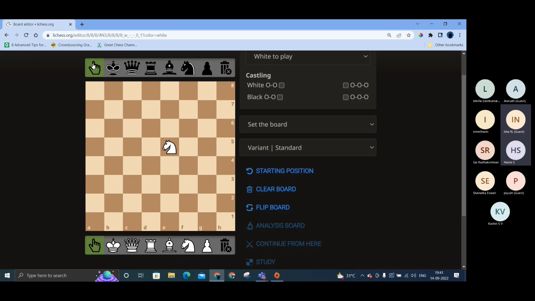Now, third question is for Isha. Is the knight, which is on E5, controlling G3? Knight controlling G3, yes or no?